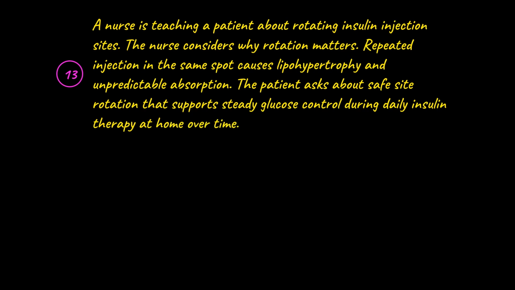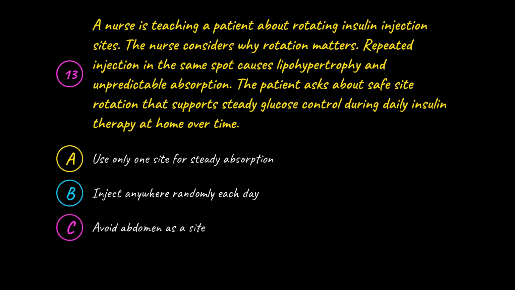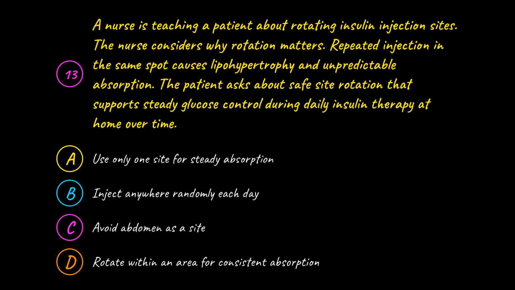Your options are A. Use only one site for steady absorption. B. Inject anywhere randomly each day. C. Avoid abdomen as a site. D. Rotate within an area for consistent absorption. Pick one. Trust your gut. Here's your chance to test yourself.